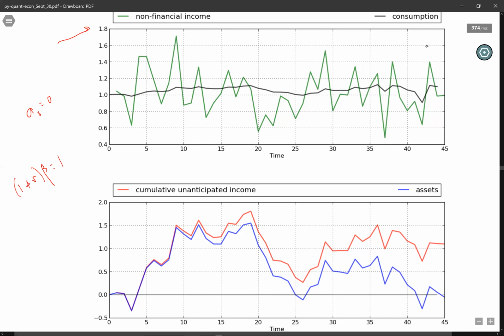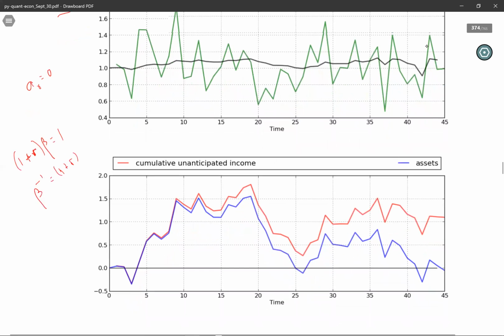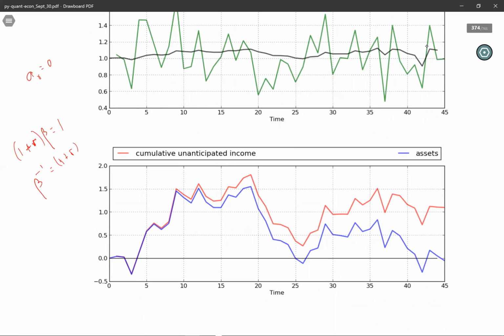We set 1 plus R to equal the reciprocal of the discount factor. That's important. That shaped this. So it's a pretty high interest rate relative to your discount factor. And a lot of people think that's quite a good approximation to what's in the data.